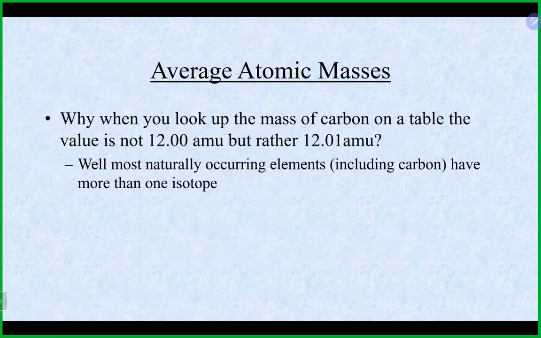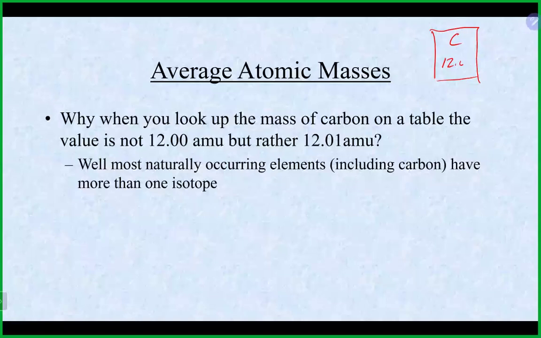Now, you may be wondering, if the carbon 12 isotope is the standard that was used for atomic masses, and it has a mass of 12.00, why, when you look at carbon on the periodic table, does it not say 12.00, but 12.01? And really, what we see on the periodic table is what is known as the average atomic masses.